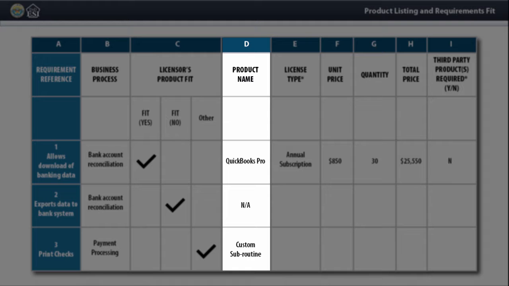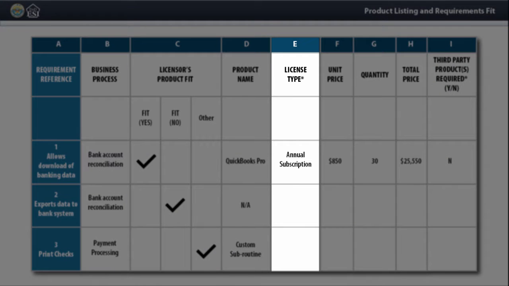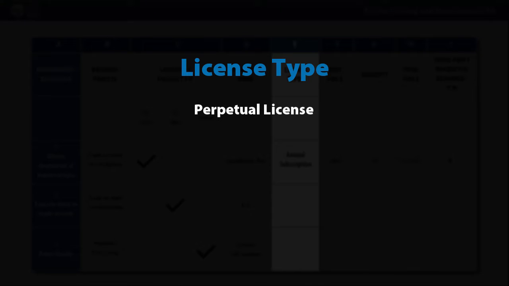Column D should clearly identify the product name that will meet the requirement. Column E should define the type of license you are to receive for that particular product. This may be a perpetual license, term license, subscription, or other types of licenses.